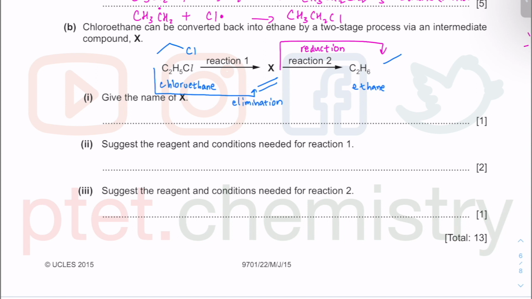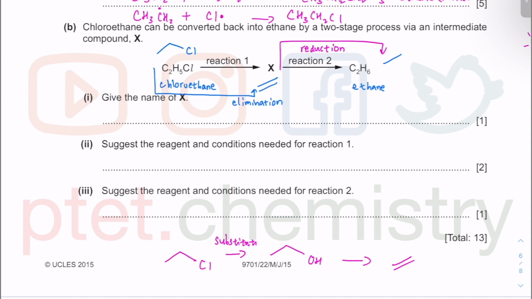Any other way you can do this? There could be another way. There will be Cl, and then you could get OH. No, but that is not the alkane, that is the alkene, because here I have done substitution.